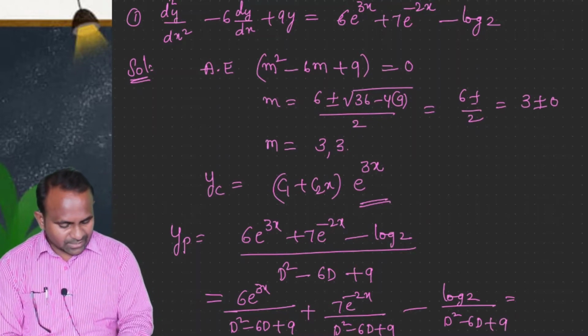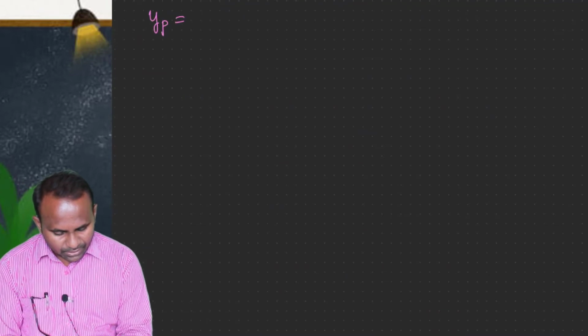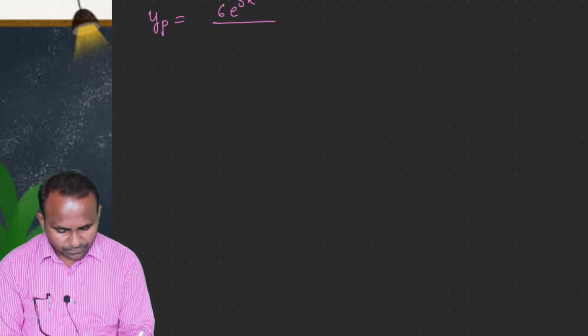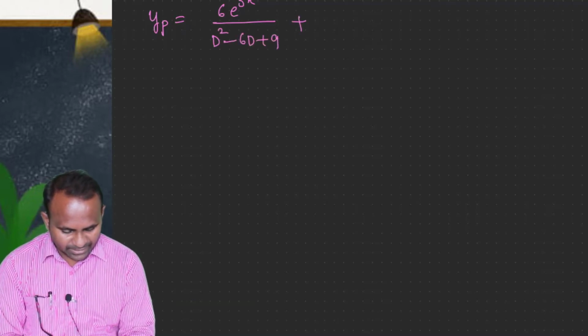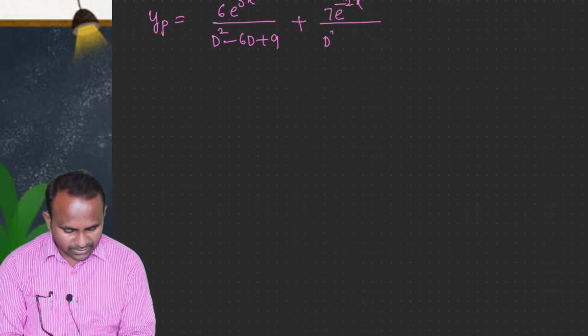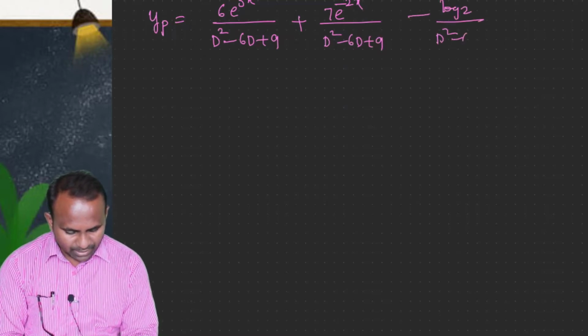See, it is becoming something like this. You are finding the particular integral as 6 times e^(3x) over, of course, D squared minus 6D plus 9. Let me write it freshly so that you can see here in the case itself.